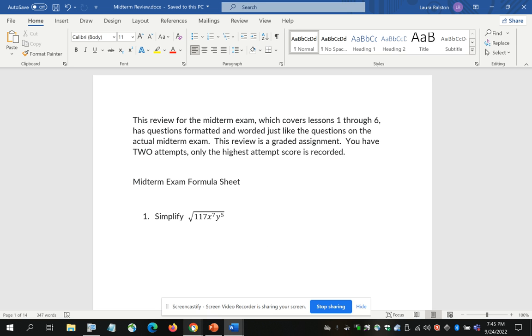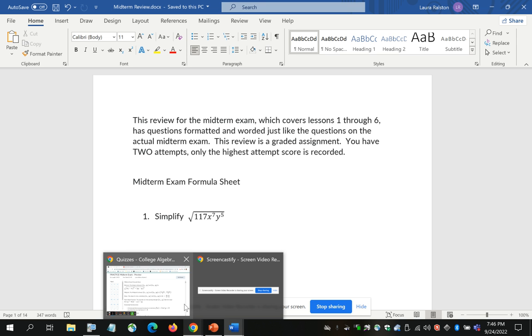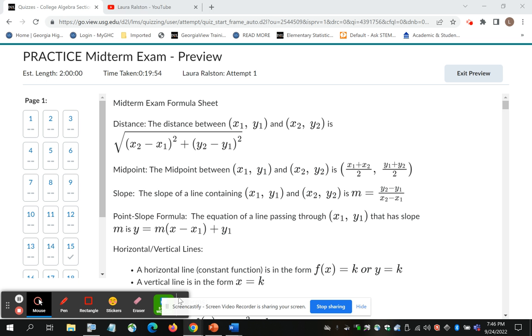There's also a midterm exam formula sheet, which is at the beginning of the practice midterm exam and also will be at the beginning of the actual midterm. So I'm going to show that to you and show you what formulas are available.